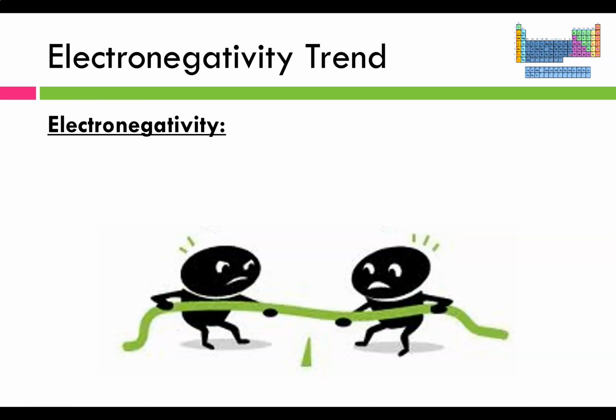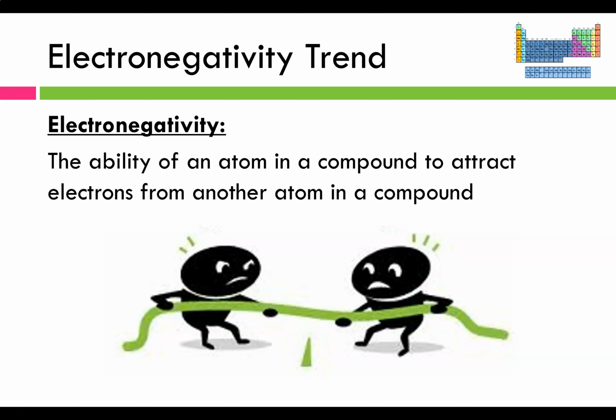We know group 18 elements do not participate because they do not form bonds. It turns out that rope is a pair of electrons. So electronegativity is the ability of an atom in a compound, so this means two different atoms bonded together, to attract electrons from another atom in a compound.